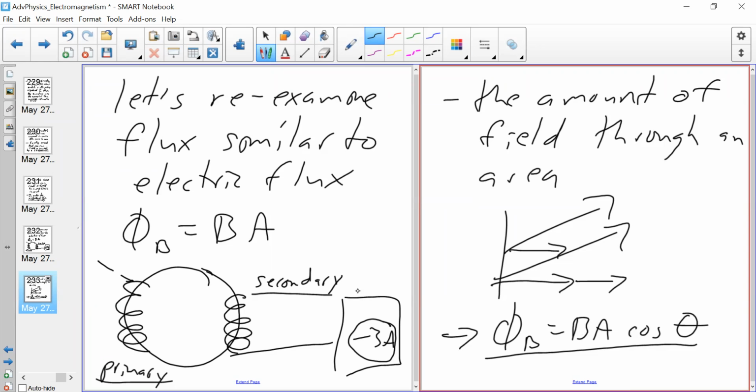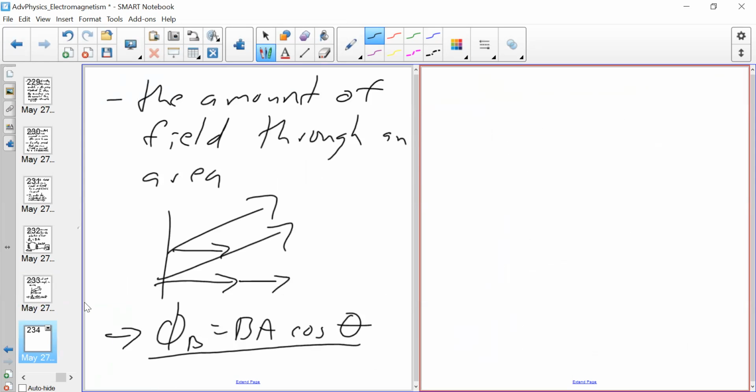And now let's write it mathematically. Voltage created, induced, Faraday's law of induction, is the result of changing magnetic flux in a certain amount of time. So rate of change of flux.